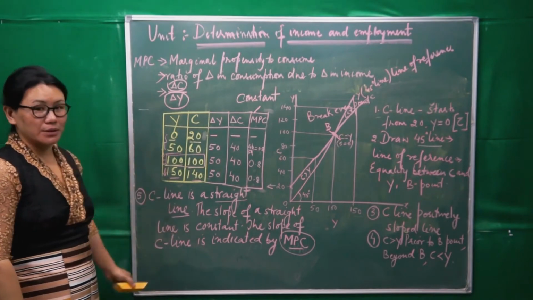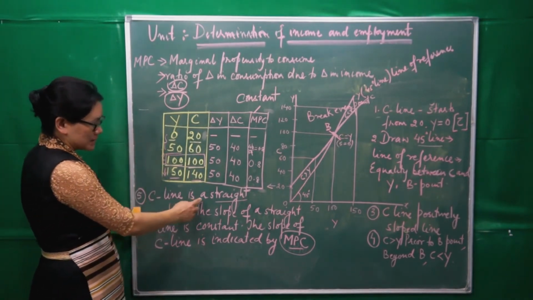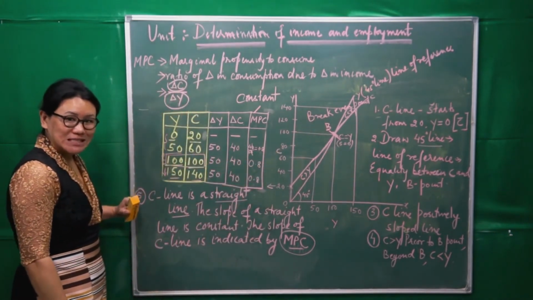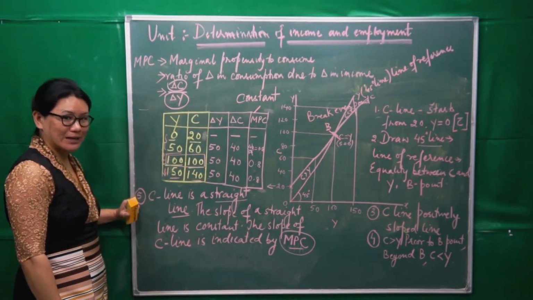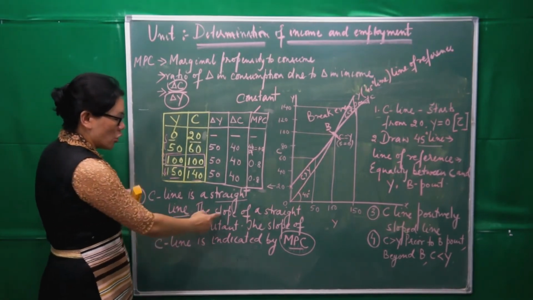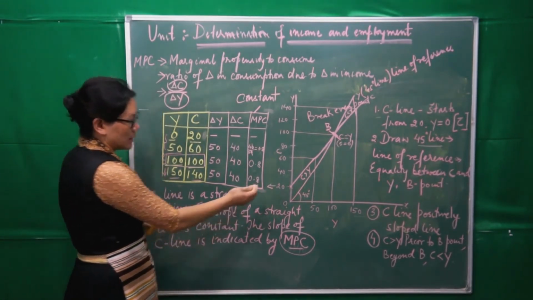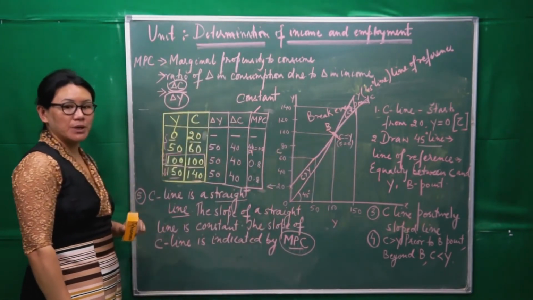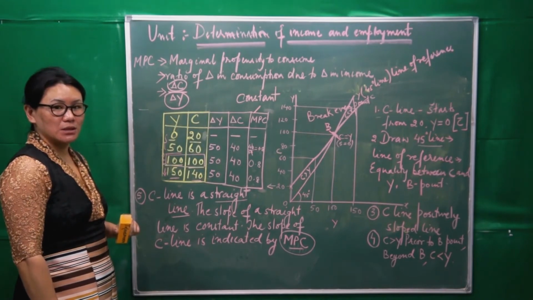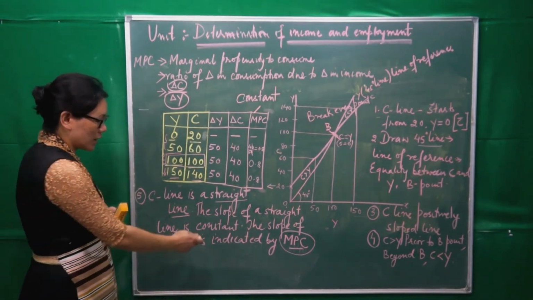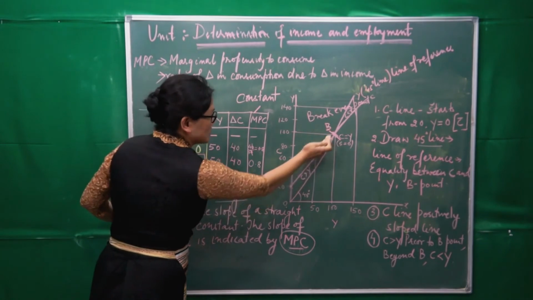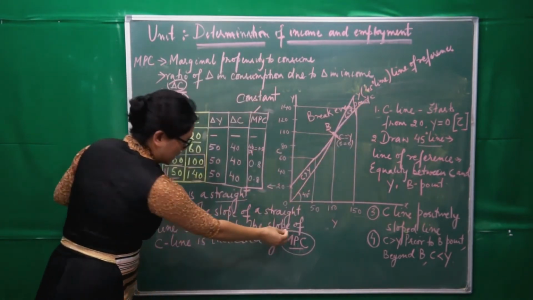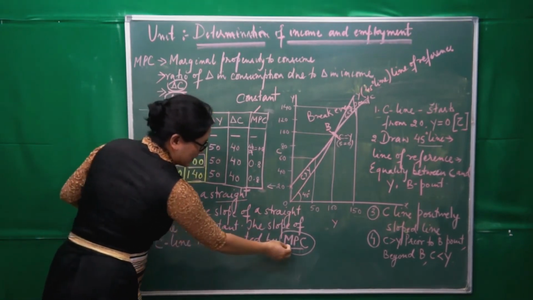Now come back to here. I said the C line is a straight line. So when you are drawing the C line, it has to be a straight line. The slope of a straight line is constant. And the slope of the C line has to be constant. It is constant. Okay. And the slope of the C line is shown by MPC.